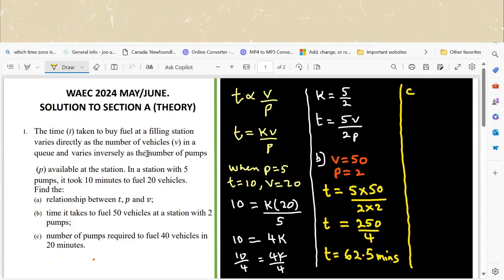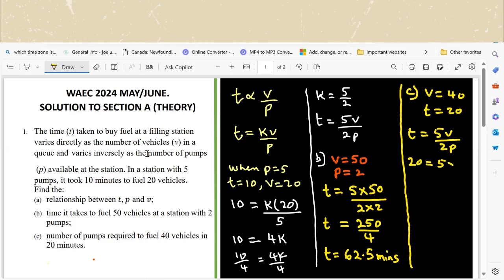Now, the C part asks us to find the number of pumps required to fuel 40 vehicles in 20 minutes. So here, V is 40 vehicles, T is 20 minutes. So we use our equation again. Remember that T is 5V over 2P. So we have 20 equals 5 times 40 all over 2P.